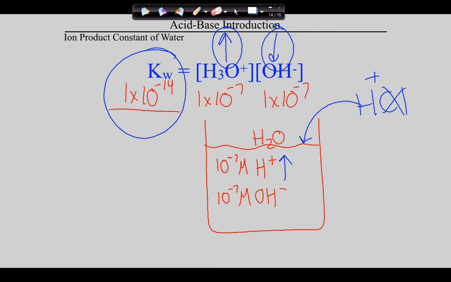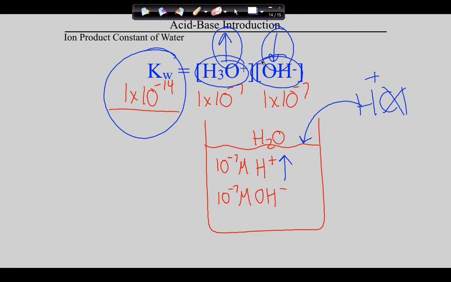If we add base, hydroxide goes up, hydronium goes down. But they will always multiply together to give you 10 to the negative 14th. Do you see how that works? So guys, that's the power of this Kw equation, if we know one, we can solve for the other at any set of molarities. You guys good on the idea? So where does that put us then in the notes? So let's do this.